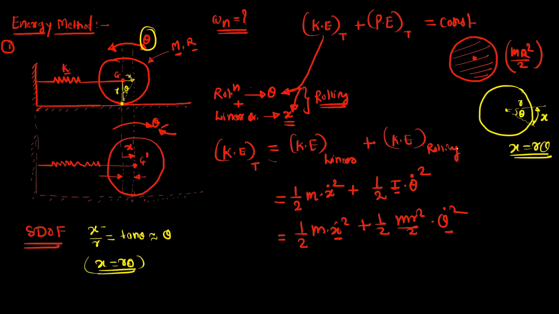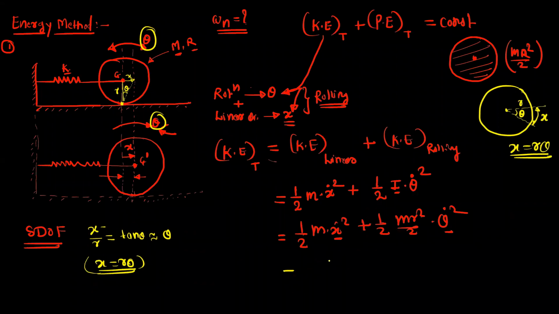So when the disk is rolling with angular displacement theta, its center of gravity advances in the linear direction by r theta. So put this relation here. Either you can convert x into theta or theta into x.